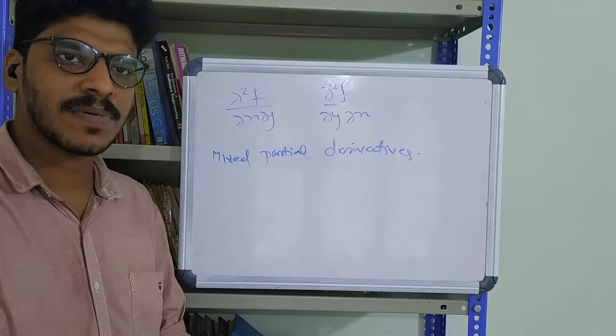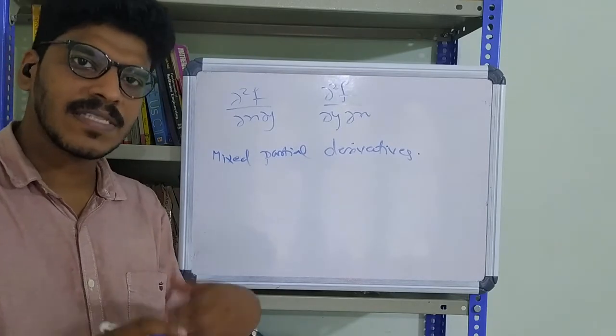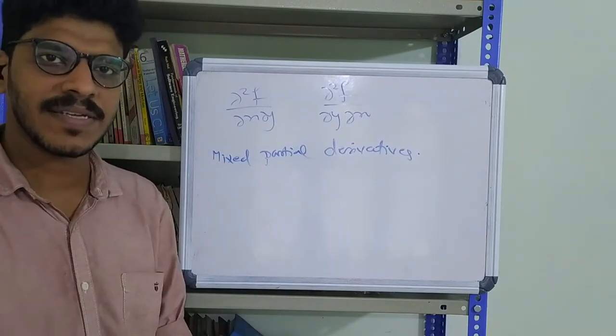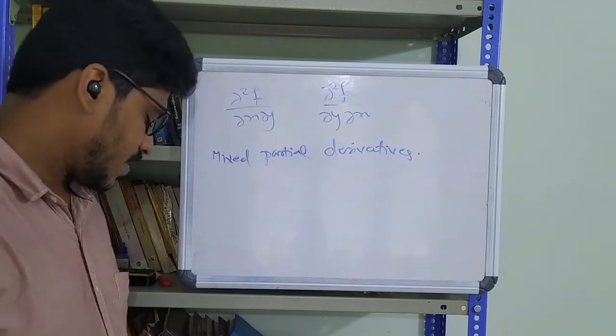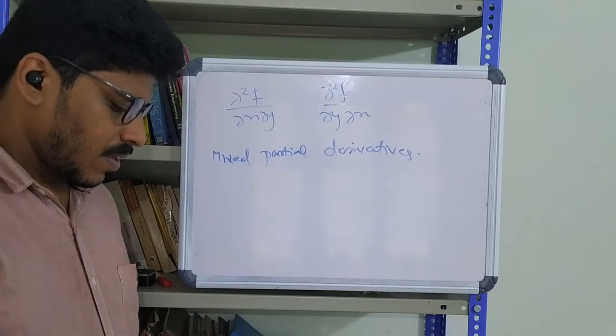We first differentiate with respect to x and then with respect to y, or we first differentiate with respect to y and then with respect to x. So in that sense, these may sometimes be called mixed partial derivatives. Okay.